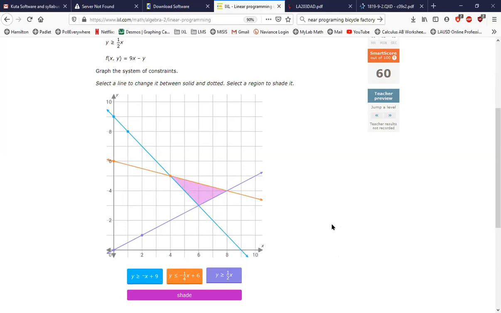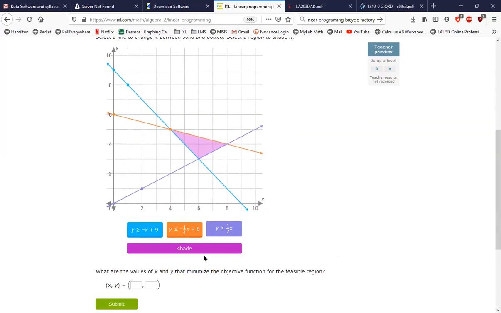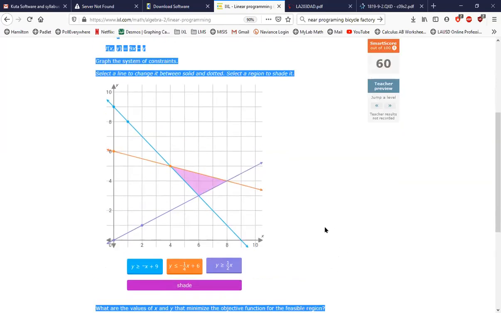Now the cool thing, if this was a linear programming problem, I can say, hey, my vertices are at 4, 5, 6, 3, and 8, 4. So the question now is, what are the x and y values that minimize my function for this feasible region?